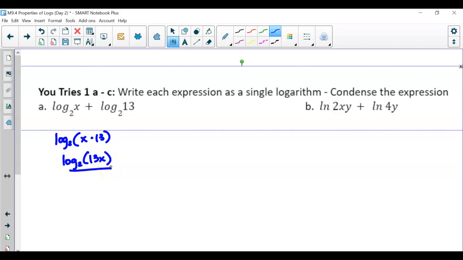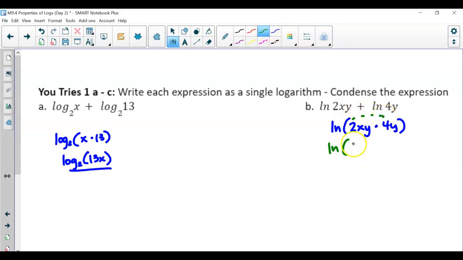Then here we have our two natural logs, and again, multiply. So this is 2xy times 4y. Now continuing on, I've got the natural log of, well, 2 times 4 is 8, just x here, but y times y is y squared.